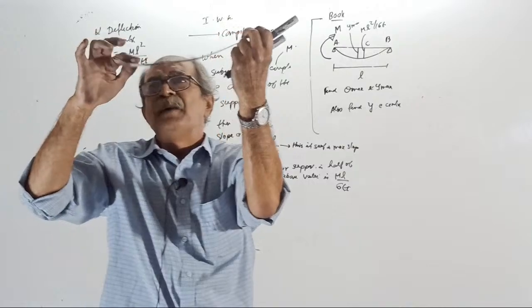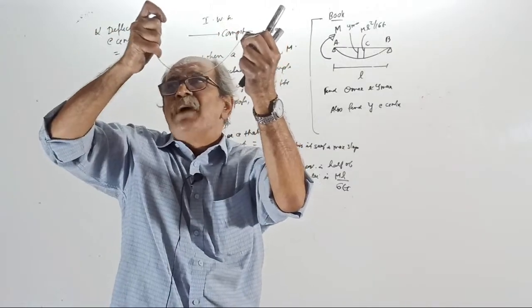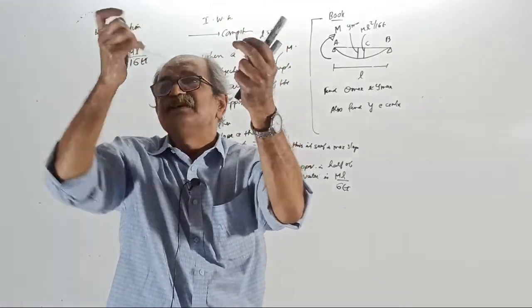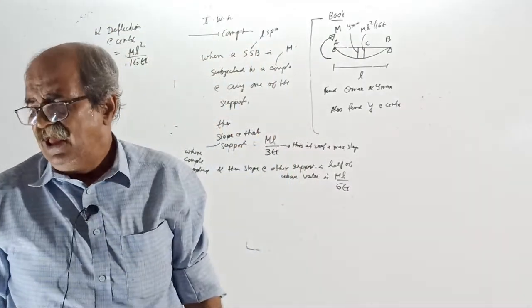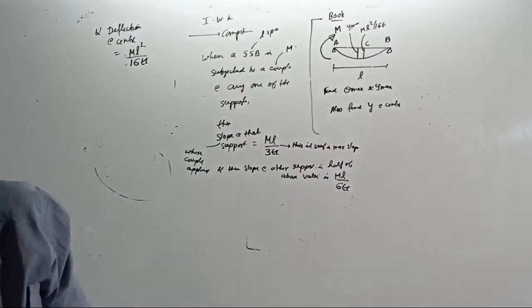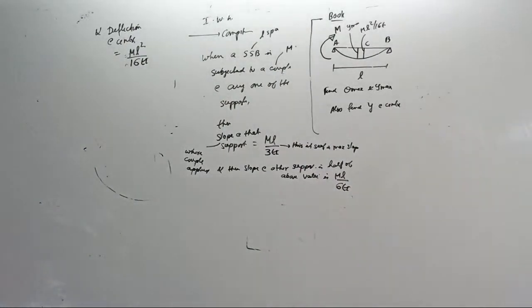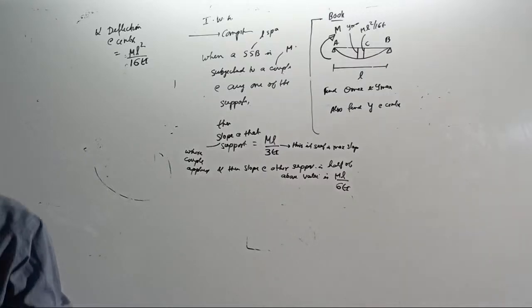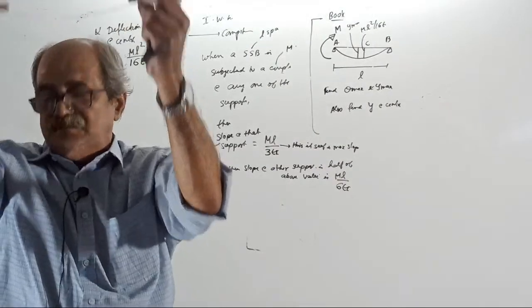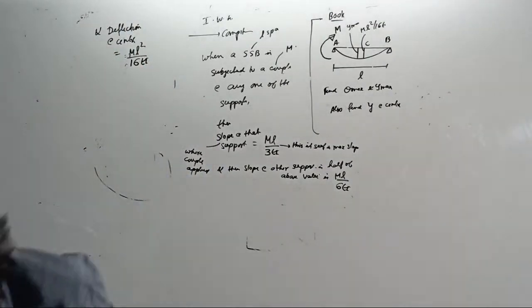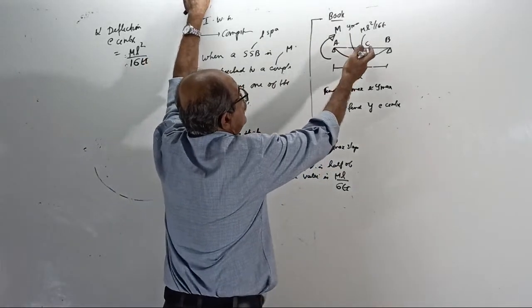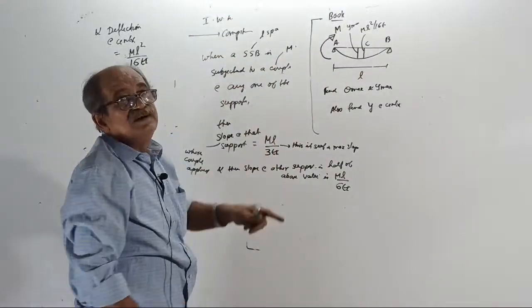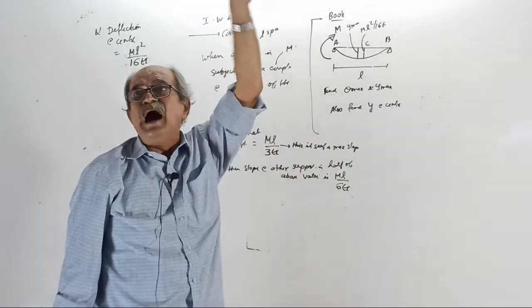Common sense: when you apply a couple here, where is there more bending? The couple side has more bending. So the maximum deflection will come near the couple, but the distance is defined from the other end.